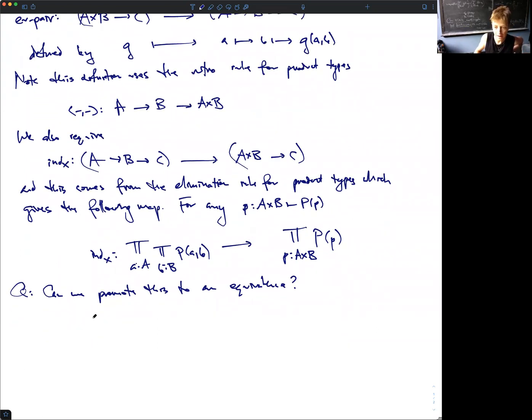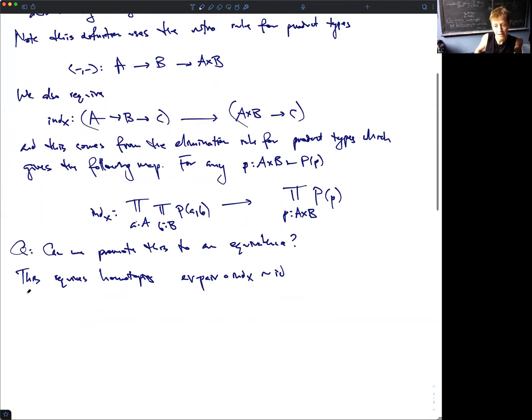On the one hand, if these types are in fact equivalent, then there must exist the following homotopies. One would be a homotopy between the composite of ev pair with this ind times and the identity function.